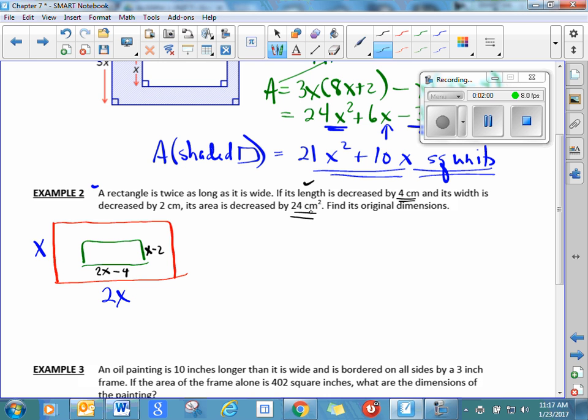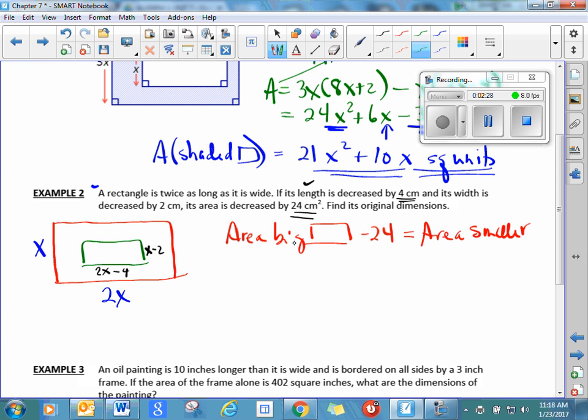So this is helpful to us because in looking at this now, we know that the area of the big rectangle minus 24 square centimeters is actually going to give us the area of the smaller, the reduced rectangle. So this is going to be our equation. This is our verbal model. This is what we're trying to set up.